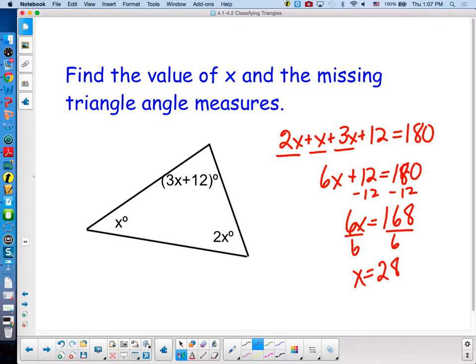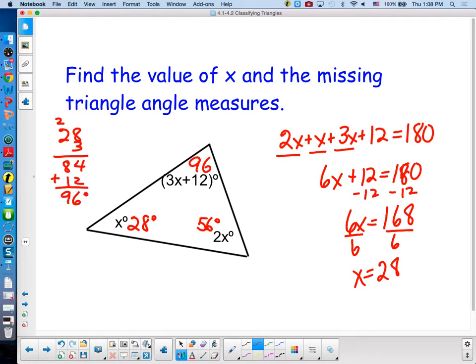So this one is 28. This one, 56, 2 times 28. And 3 times 28 plus 12. Add 12, you're right, 96.